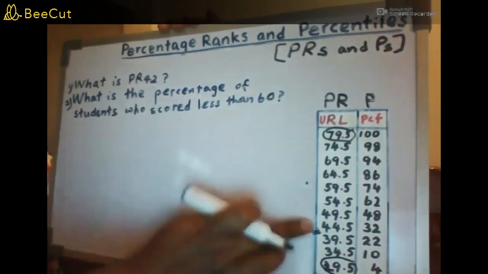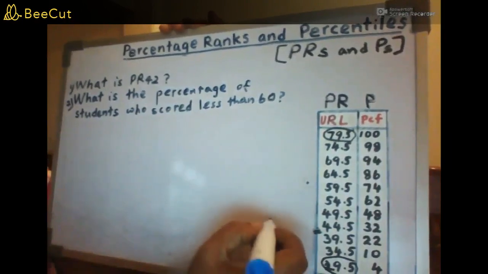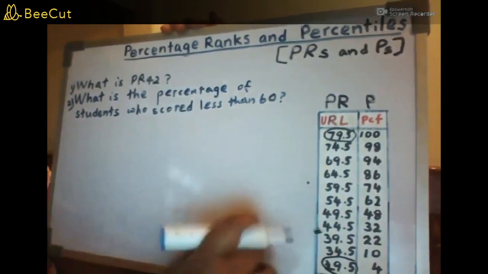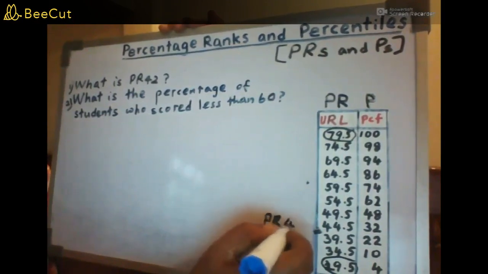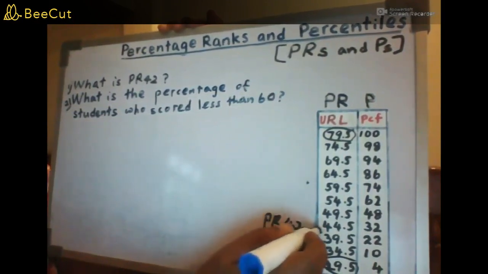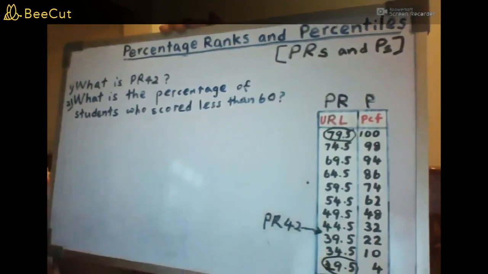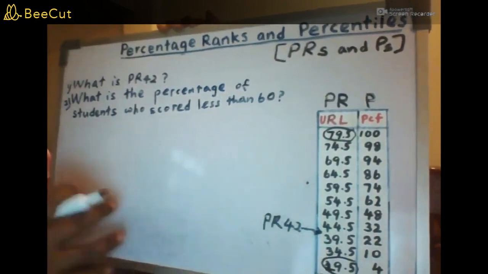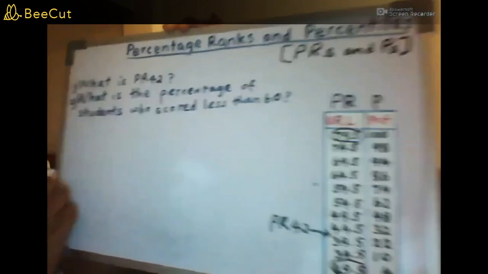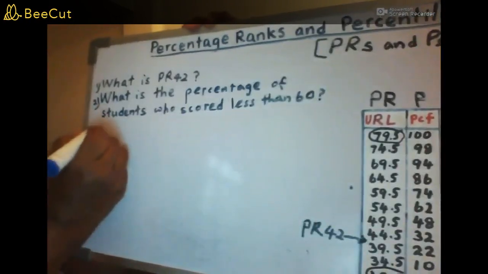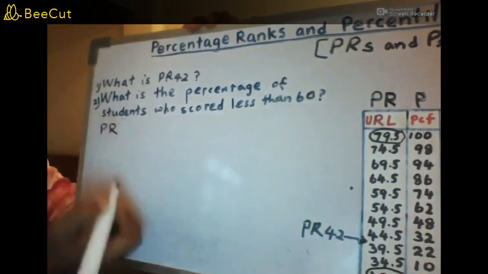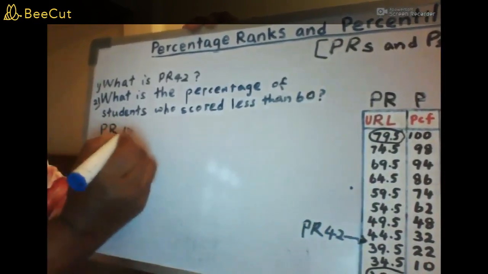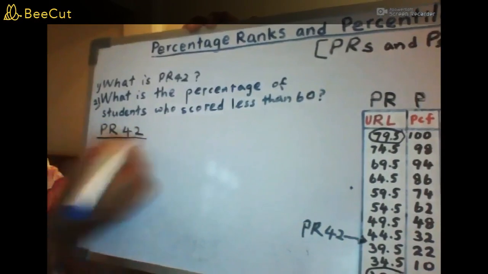Write it straight, PR 42. That is here. Put an arrow. Now write like this. This is mechanical. Just learn this mechanical way and you can answer the questions. PR 42, that's what you'll have to find. Underline it.